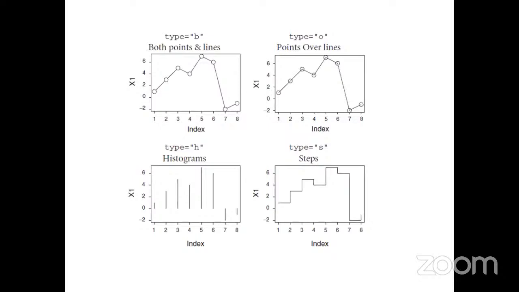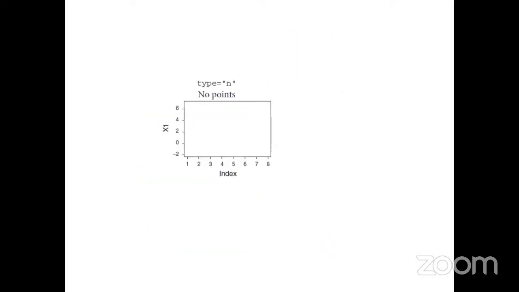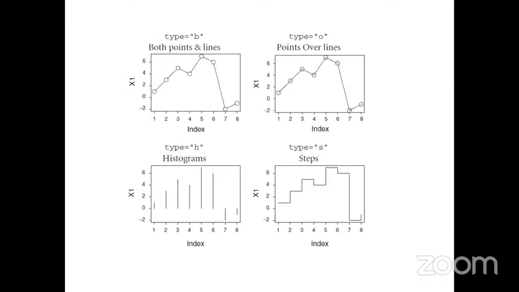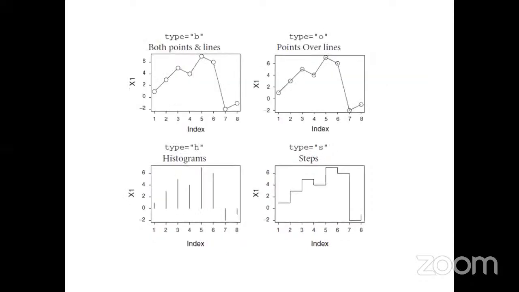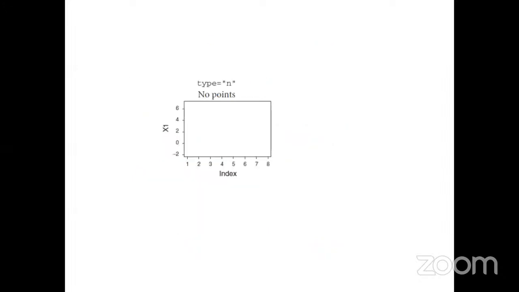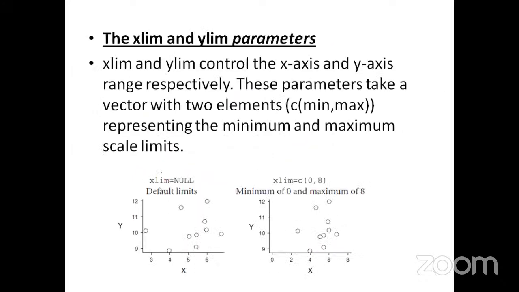If you do not want anything, that is a blank plot, that is n. So one more time: type p for points, l for lines, b for both points and lines, o for points over the lines, h for histogram, s for steps, and if you don't want anything, it is n. Okay. Now the xlim and ylim parameters.